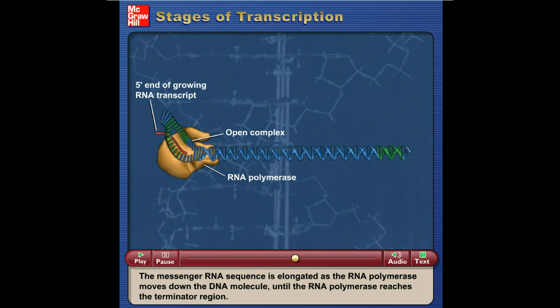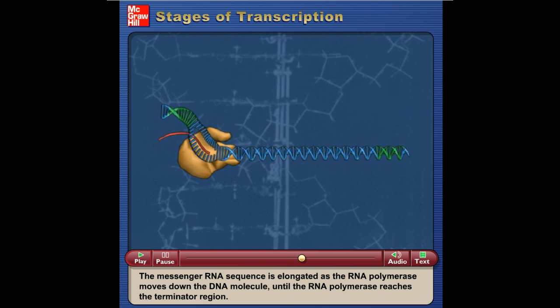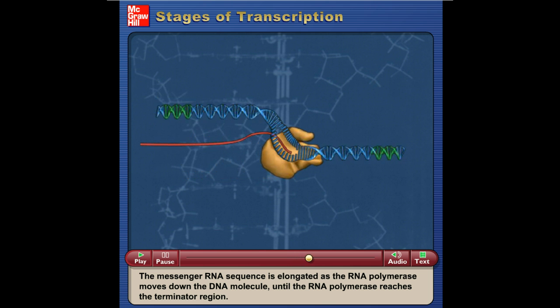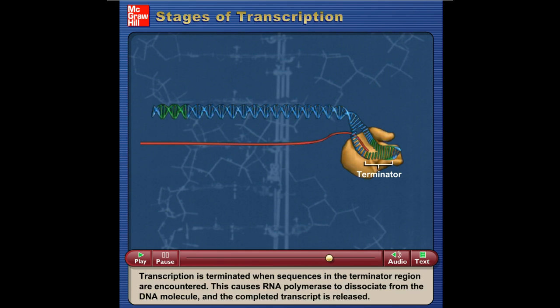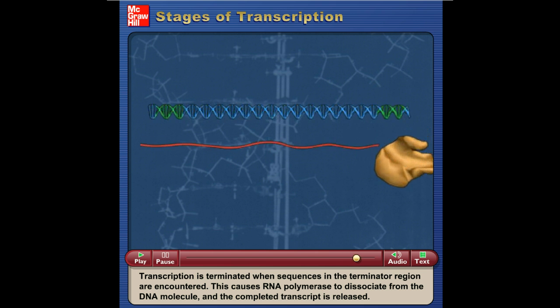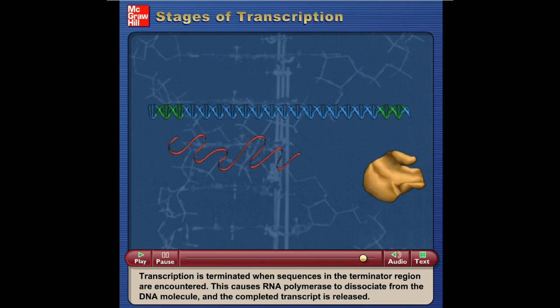The messenger RNA sequence is elongated as the RNA polymerase moves down the DNA molecule until it reaches the terminator region. Transcription is terminated when sequences in the terminator region are encountered. This causes RNA polymerase to dissociate from the DNA molecule, and the completed transcript is released.